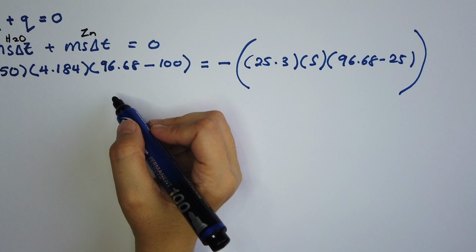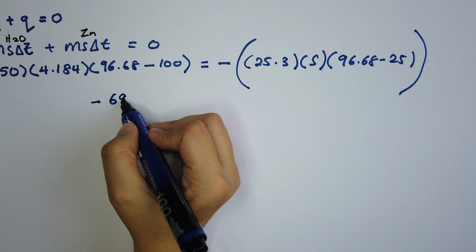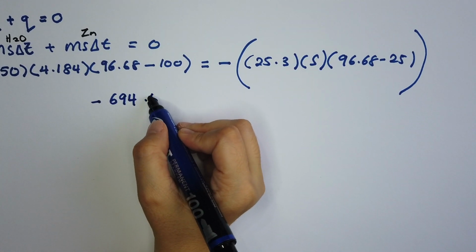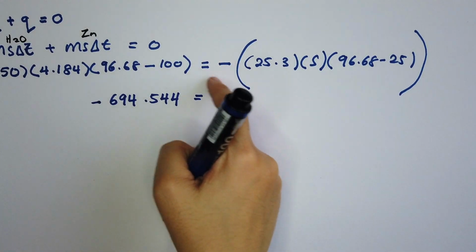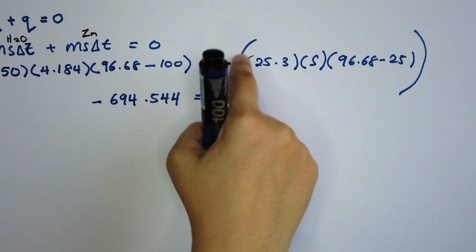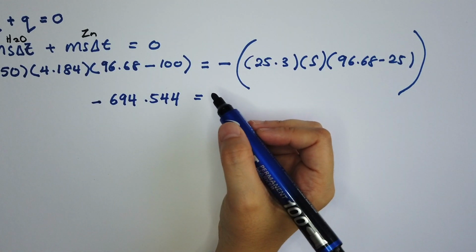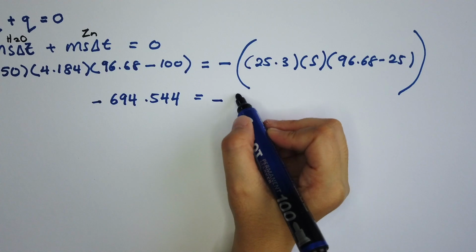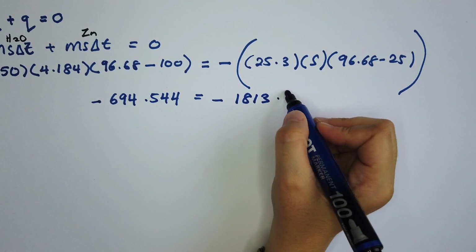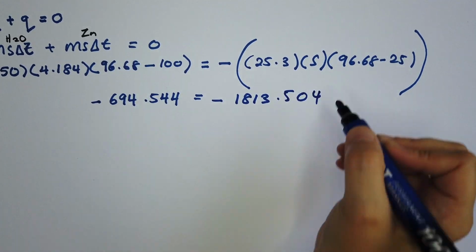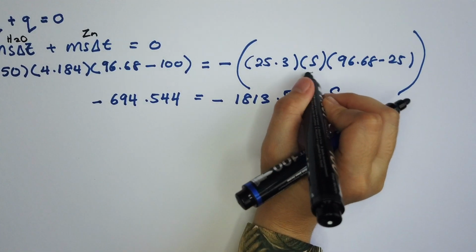If you calculate this, you should get negative 694.544, because this one is negative. And your answer here should be negative 1813.504 S, because you are going to calculate this S.